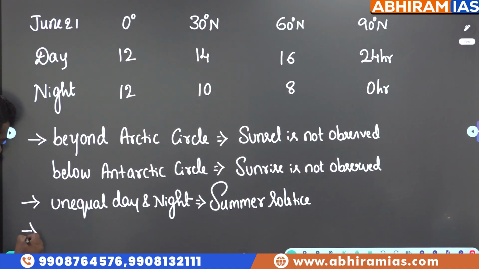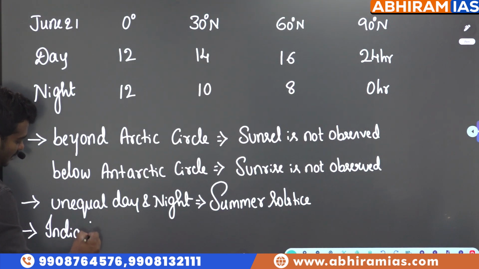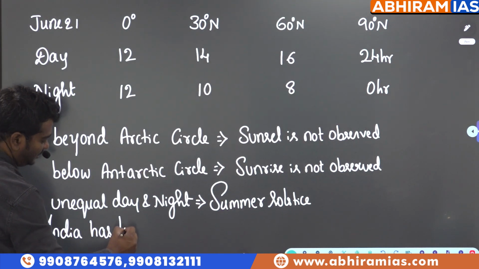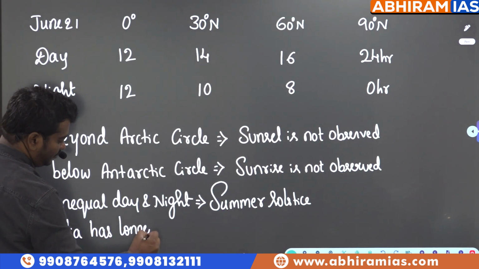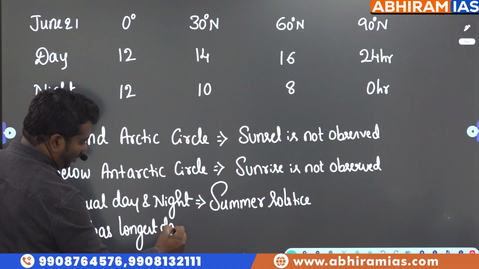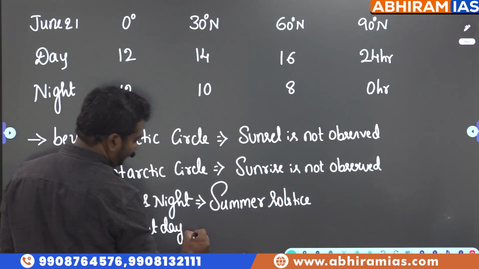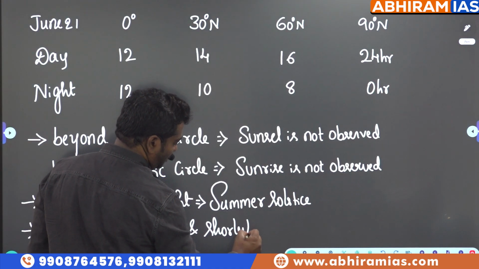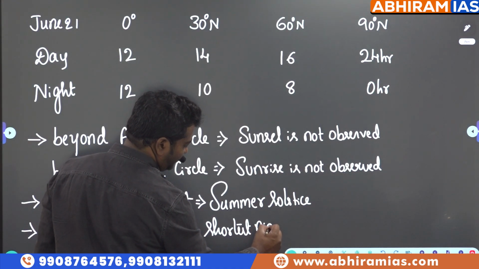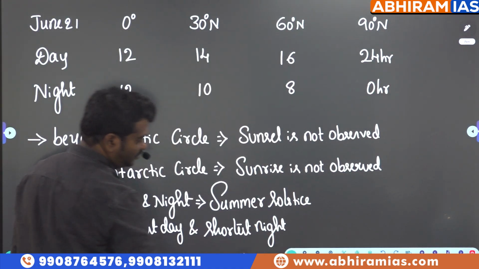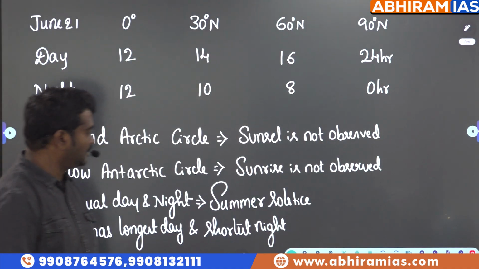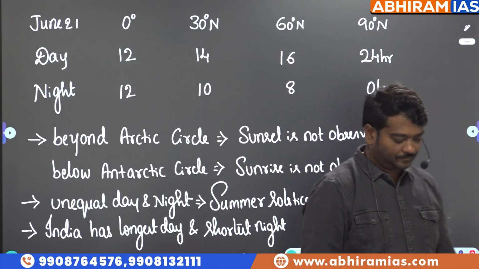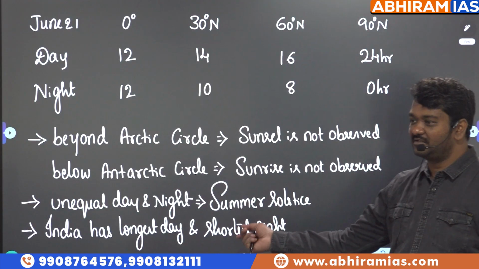Another most important one. India has longest day and shortest night on June 21st. Two times they have asked this.